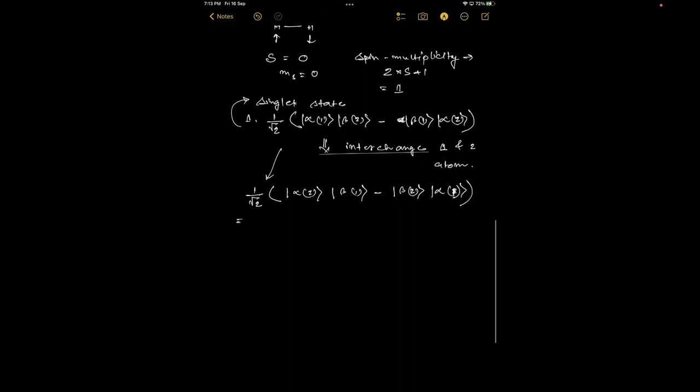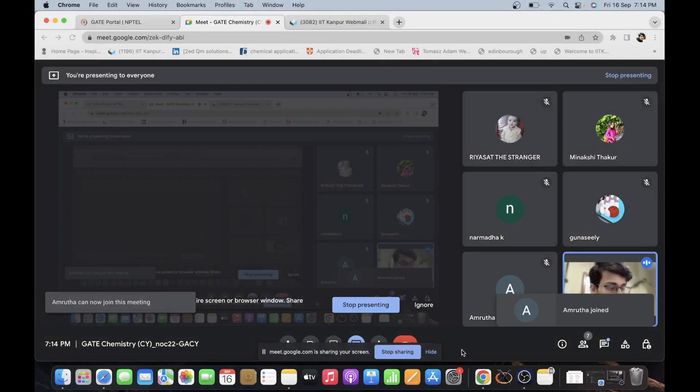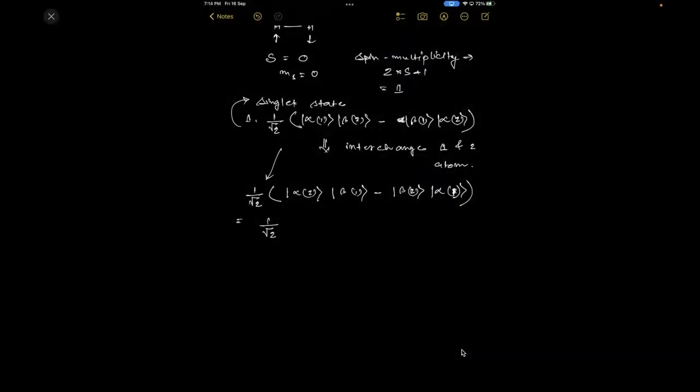Now just rearrange this. 1 upon root 2, minus of alpha 1 beta 2 minus alpha 2 times beta 1.